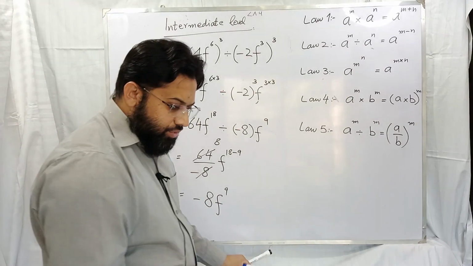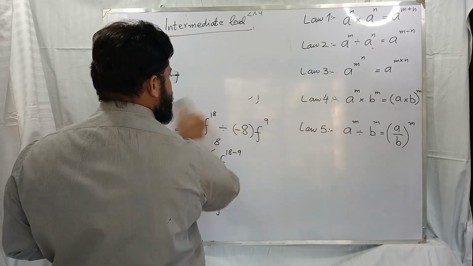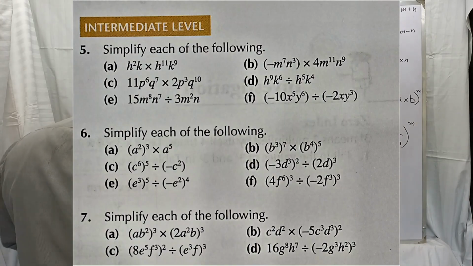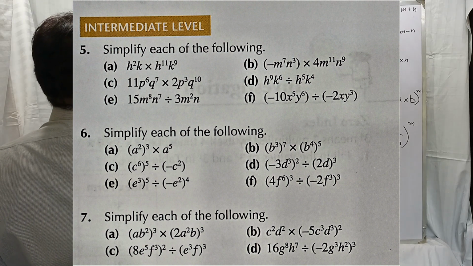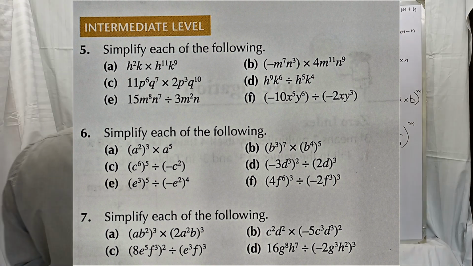Next, move to question number 7. Question number 7 says simplify each of the following. So let's check out part D of it, which is the second last question of this intermediate level.